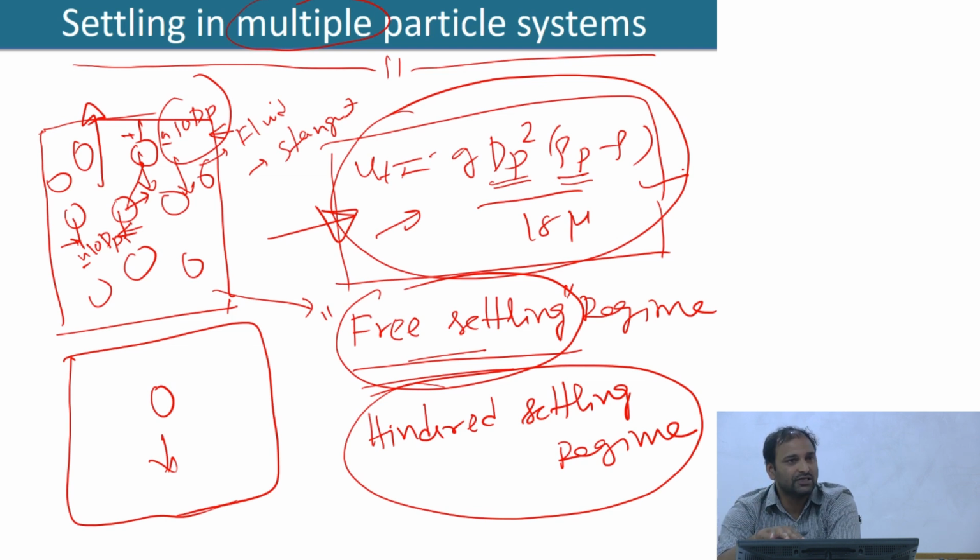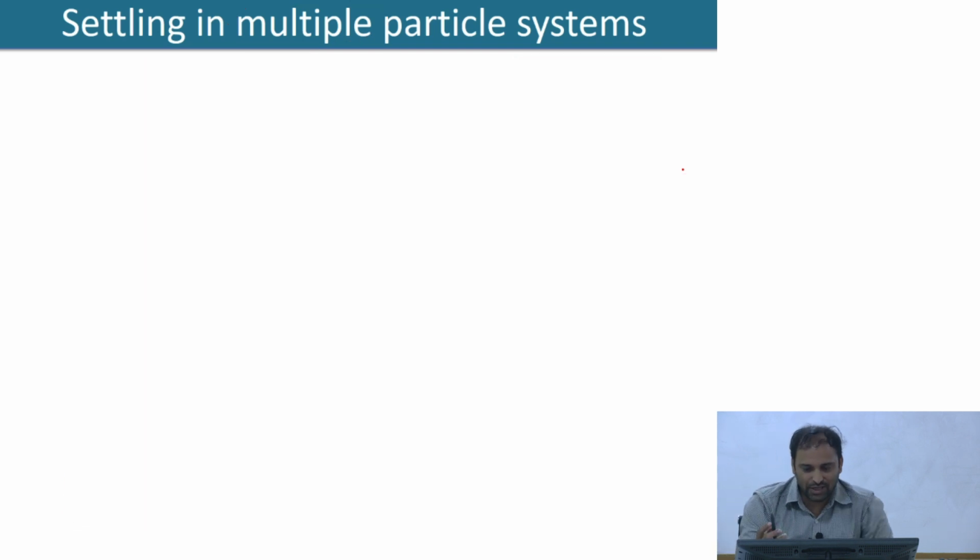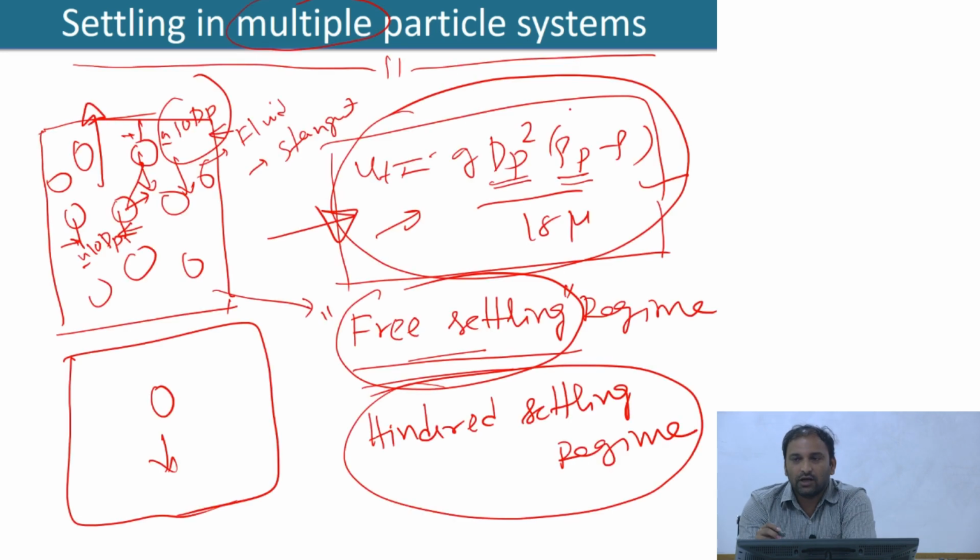I can still use a similar expression, but instead of using the properties of the fluid, I would have to use the properties of the suspending medium. Sorry, let me just say what I mean. We said that your rho was going to be taken as rho of aggregate in the settling of aggregates, right? Now I have a fluid, and it's not rho p. Your rho is the density of the fluid in which the particles are embedded.